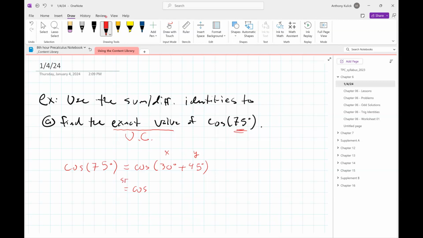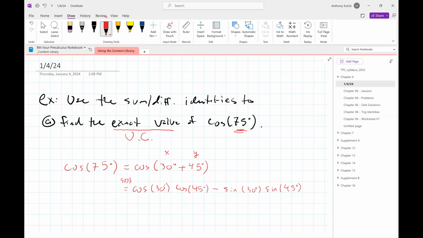So SD3 allows me to write this as cosine of 30 degrees times cosine of 45 degrees minus sine 30 degrees times sine 45 degrees.